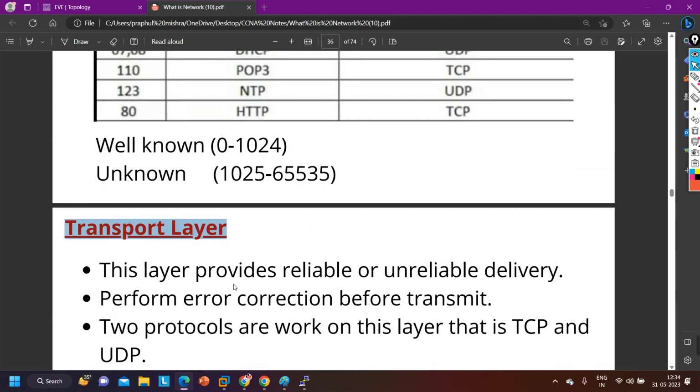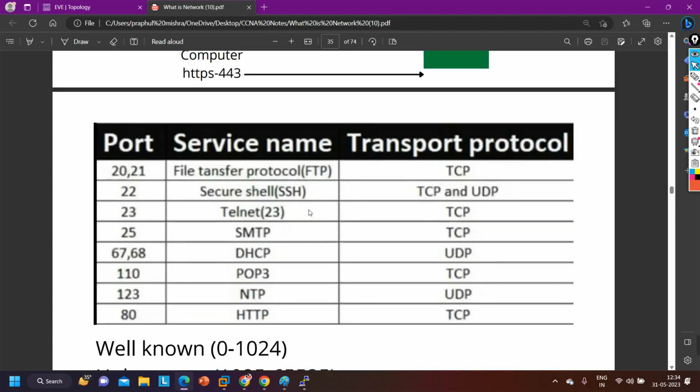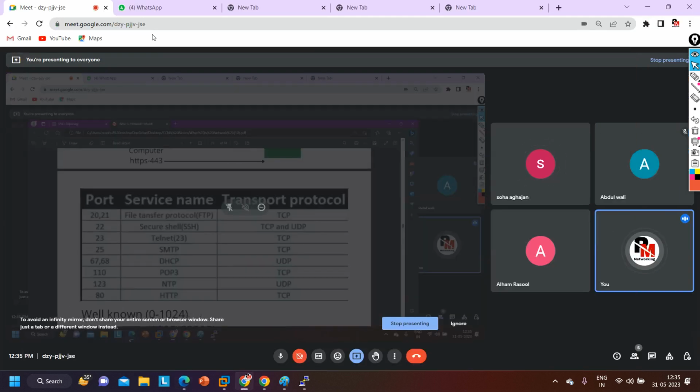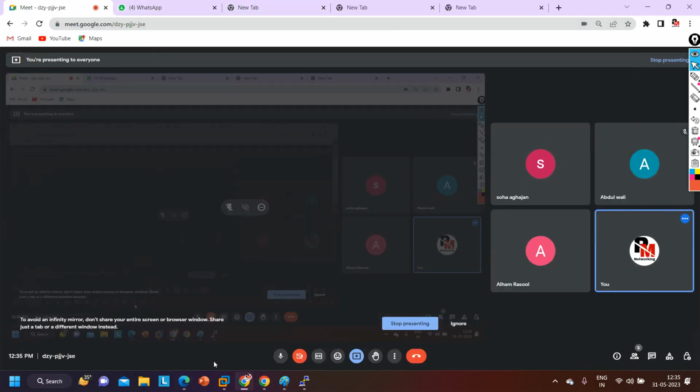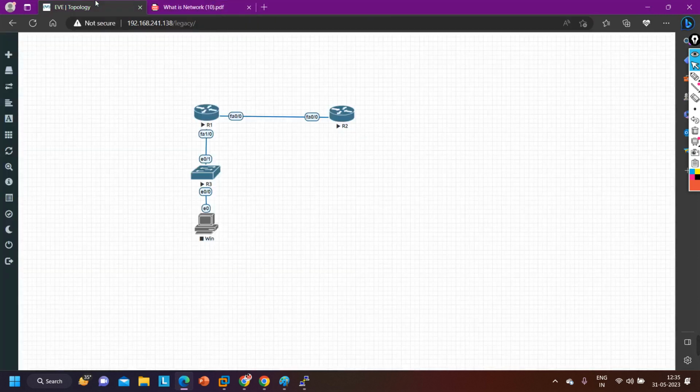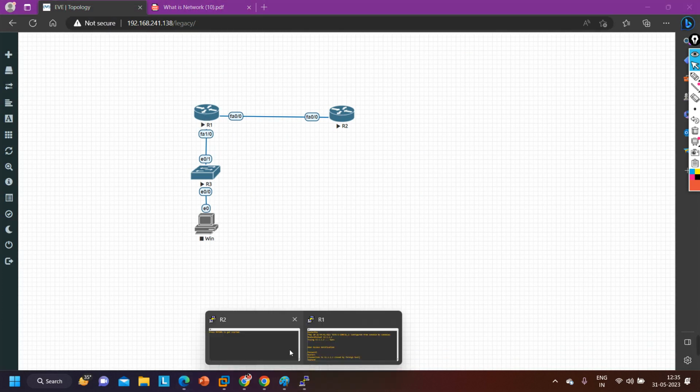Like here, where is my topology? See, is Telnet TCP based or UDP? Telnet is TCP based, yes or no? Yes. You can see over here. So if Telnet is TCP based, that means whenever I take remote access of router 2 from router number 1, it will first perform a three-way handshake, and it is going to maintain one table.